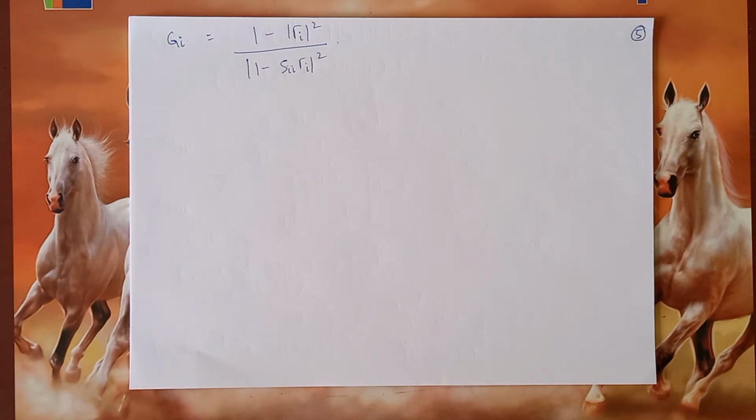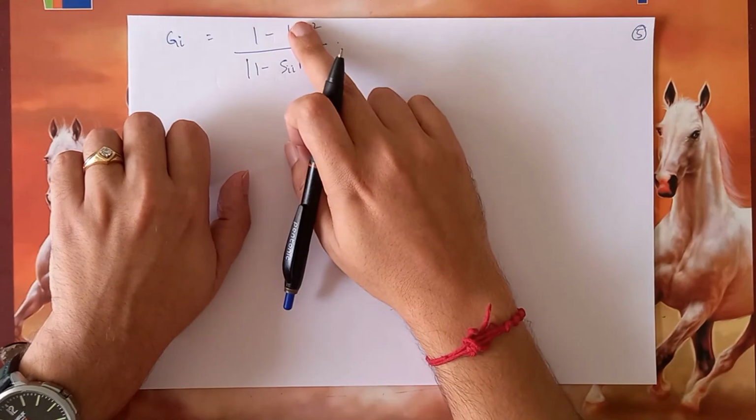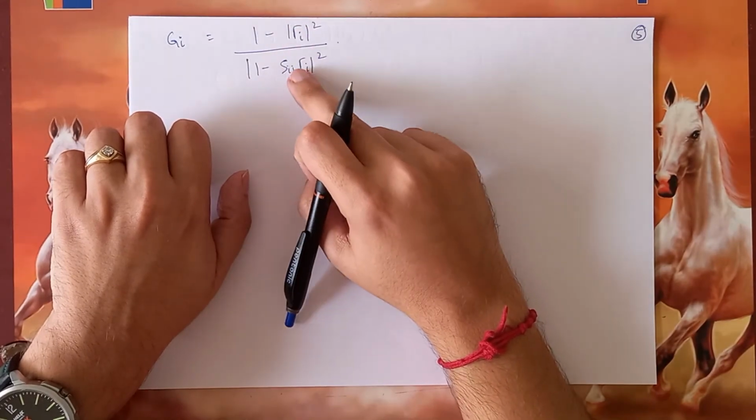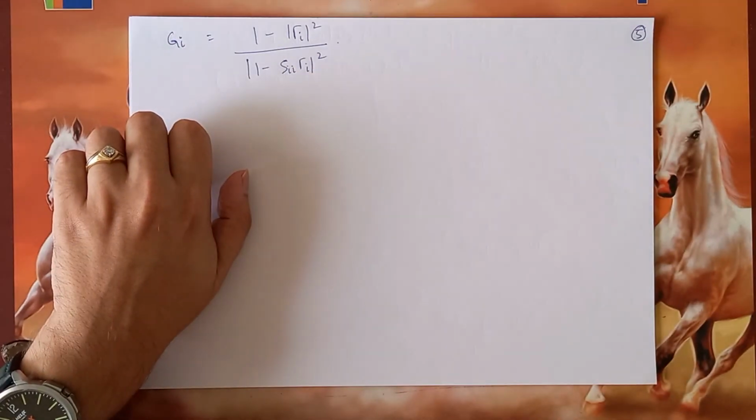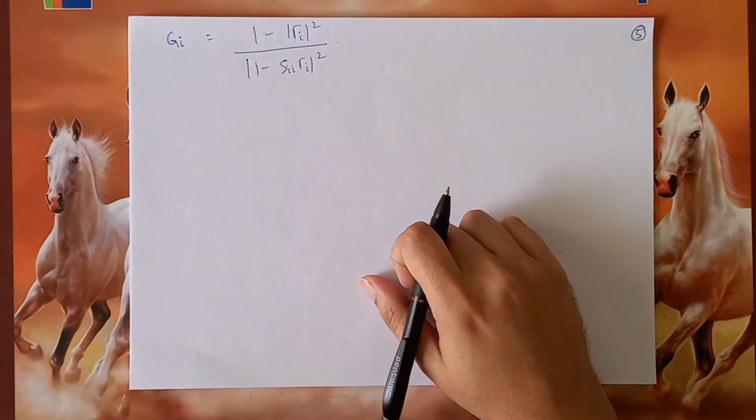When will this quantity become maximum, or when will GI become maximum? It can become maximum when the numerator becomes maximum, or the denominator becomes minimum, or both. Suppose I want to make the numerator maximum.